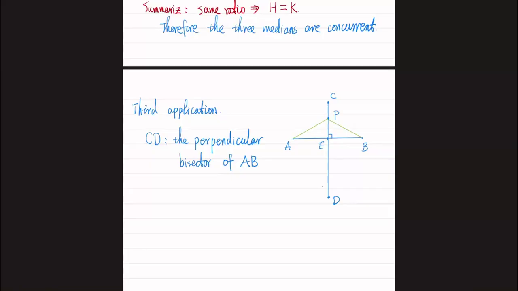Okay. Theorem. Any point P on the perpendicular bisector, PA equals PB. Okay, let's think about it. Why?